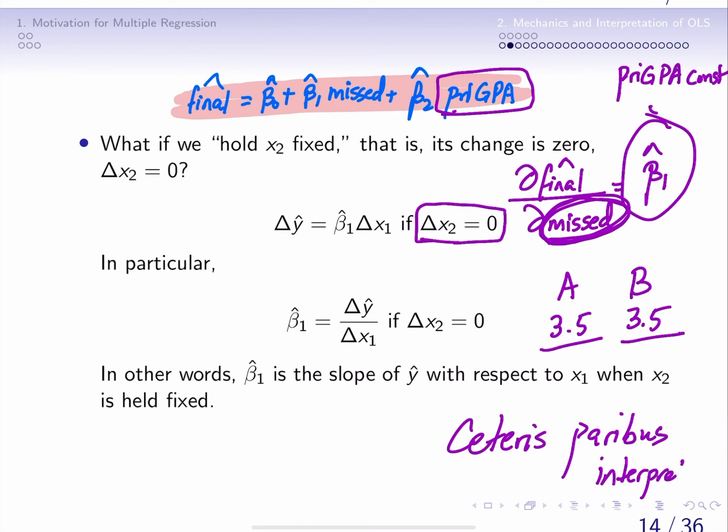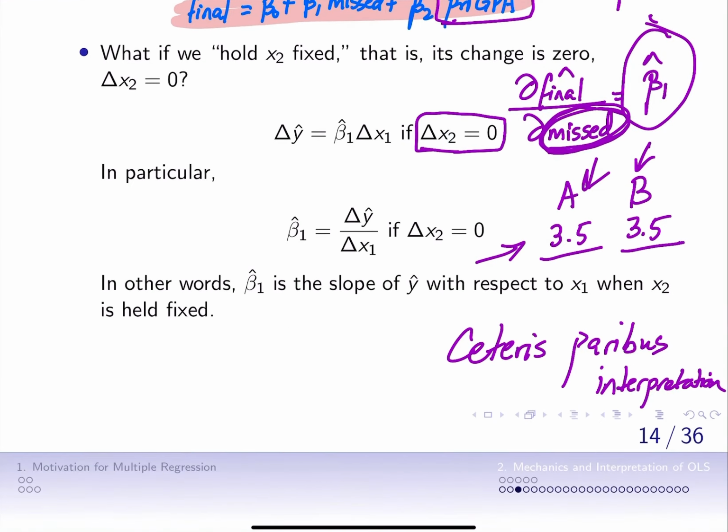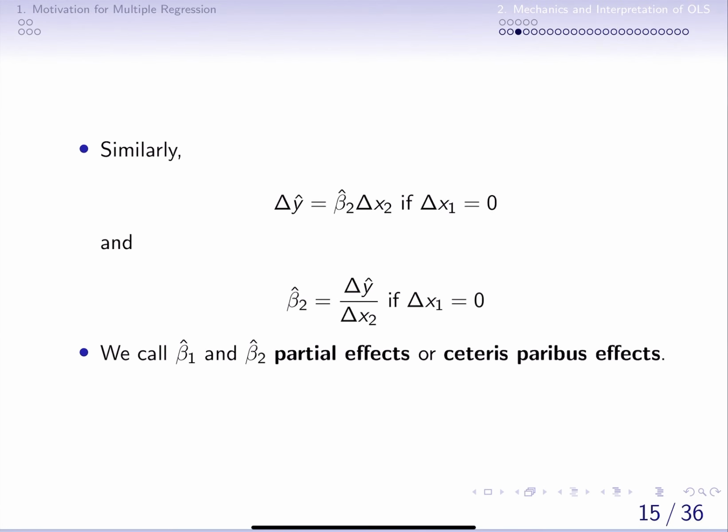And the nice thing about regression analysis is that we don't really have to find two people in our sample who have this. The interpretation is such that we can hold that constant. This may not be true in the sample, but the interpretation is such that we're holding everything else constant. Again, these are partial effects. The slope coefficients are capturing partial or ceteris paribus effects.